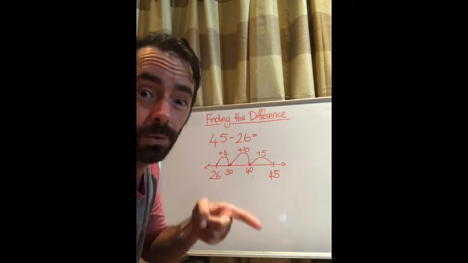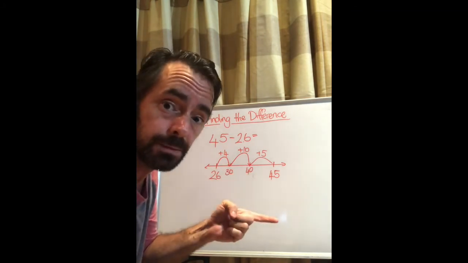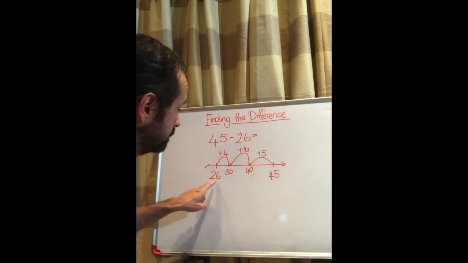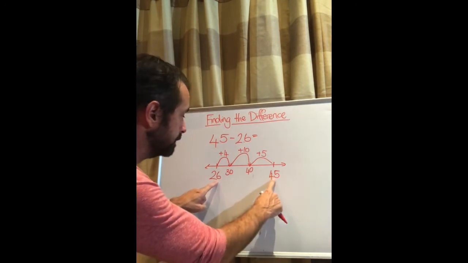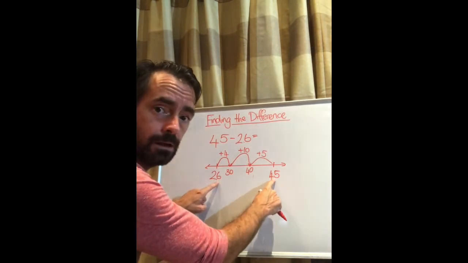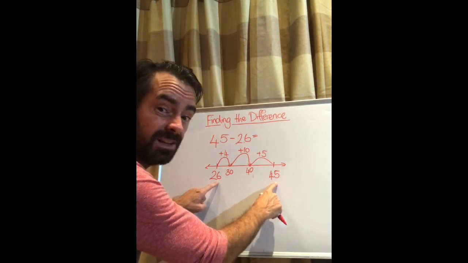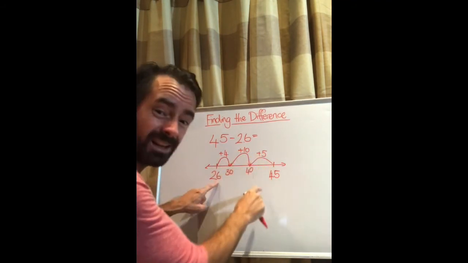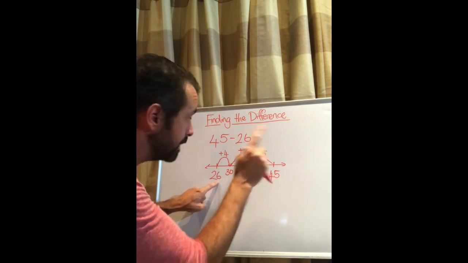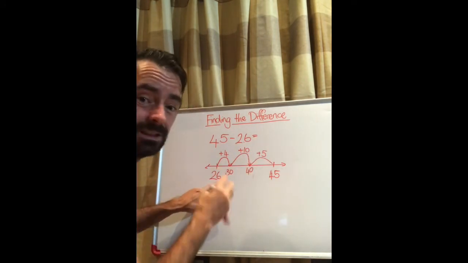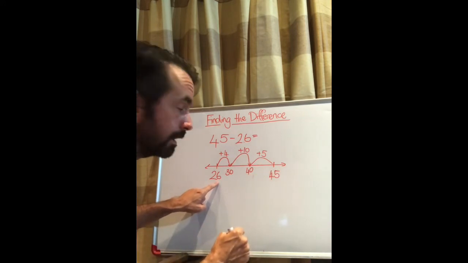Finding the difference is all about the difference between those numbers. So what is the difference between 26 and 45? The difference is what I counted. So now what I need to do is see what I counted to find out the difference.